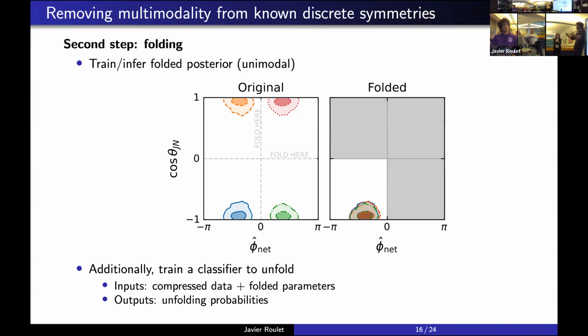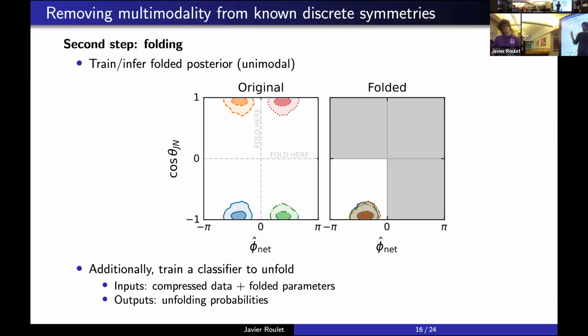And the idea is that some reflections of the true parameters leave almost the same data. So what we do is just train the model on the folded parameters. We first fold these parameters by hand in the training set. And we say, okay, this is the data and this is a folded parameter. Please give me the value of the folded parameter. So this is what you're asking the normalizing flow to output.